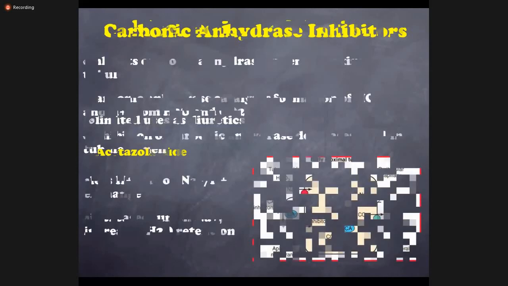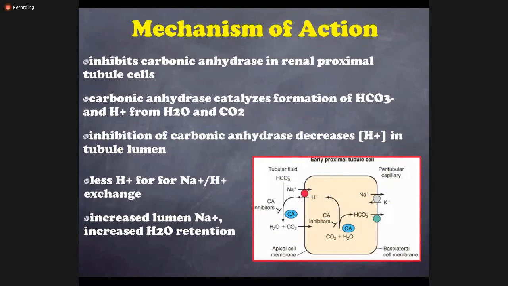Mechanism of action: they inhibit carbonic anhydrase in renal proximal tubule cells, right? You can focus on this diagram as well. This is the normal function: carbonic anhydrase catalyzes the formation of bicarbonate and hydrogen from water and carbon dioxide.